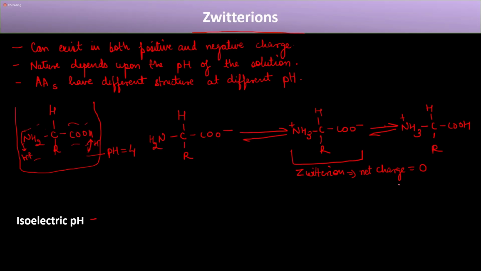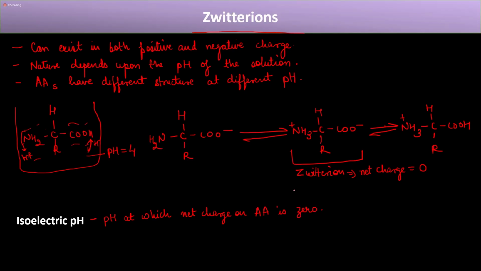So the net charge on the zwitter ion is 0, and the pH at which this occurs is known as the isoelectric pH. Isoelectric pH is a pH at which the net charge on the amino acid is 0.